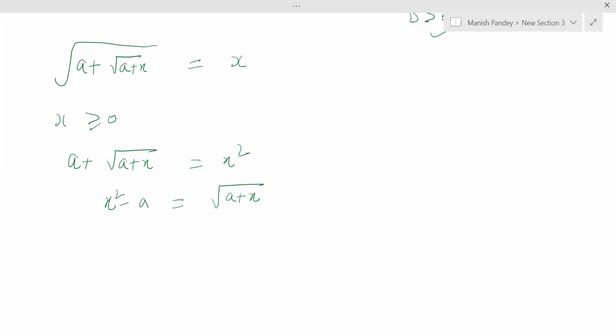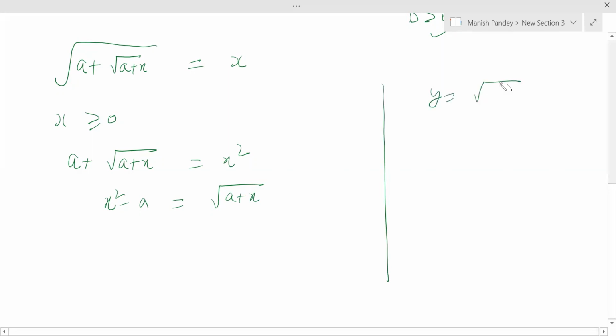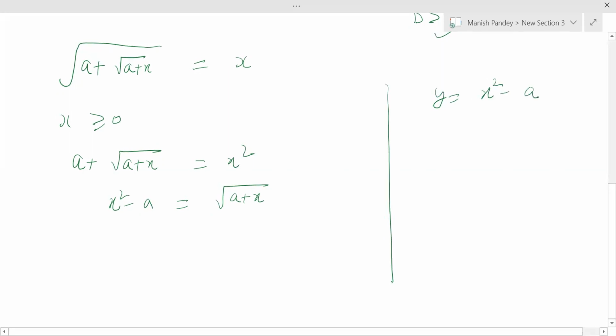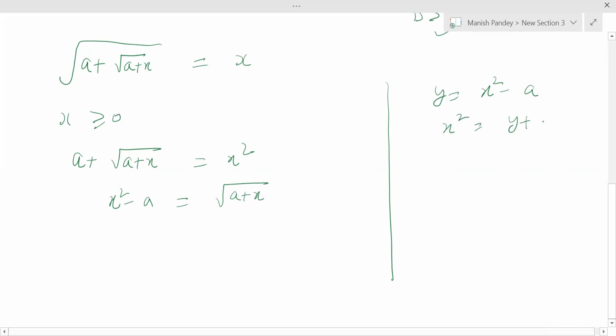Now I know students have practiced well. From practice, they know that this is the left hand side and this is the right hand side. Let y equal root of (a plus x), and y equal to x square minus a. Now we try to find its inverse. We bring x in terms of y: x square becomes y plus a, and x equals positive or negative root of (y plus a).